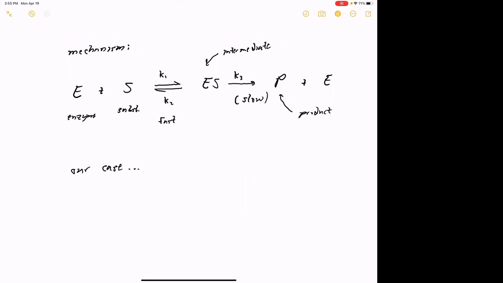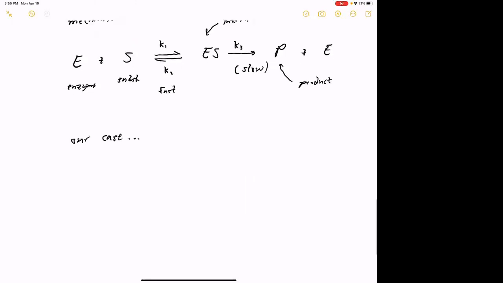In our very specific situation here, the enzyme that we care about is going to be called glucose oxidase. By the way, you can tell it's an enzyme because it has that ASE suffix. Anytime you see ASE at the end of a chemical name, you know it's an enzyme.